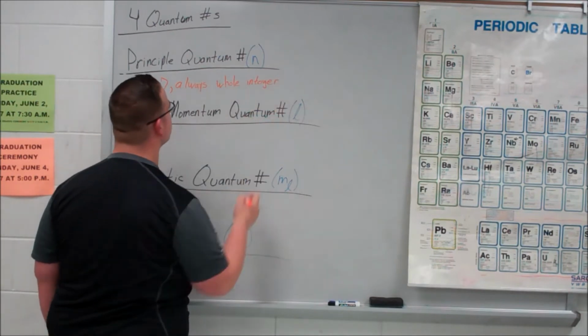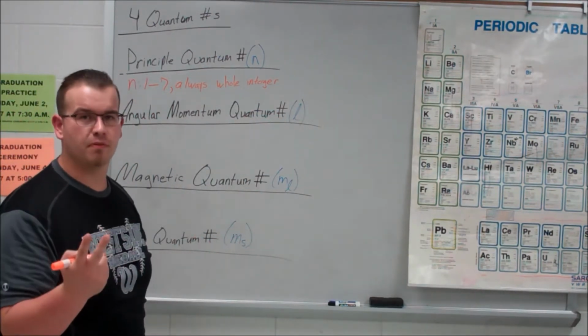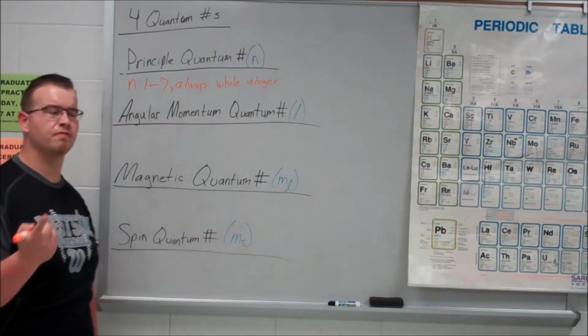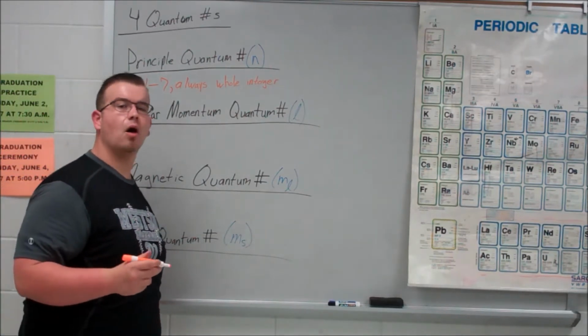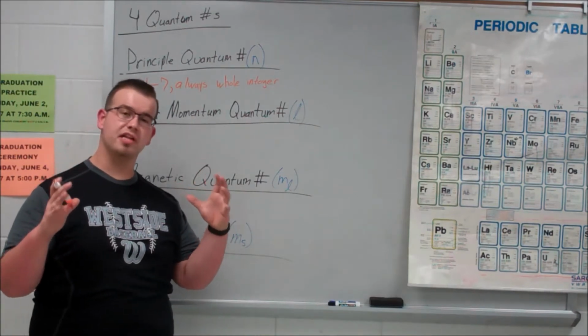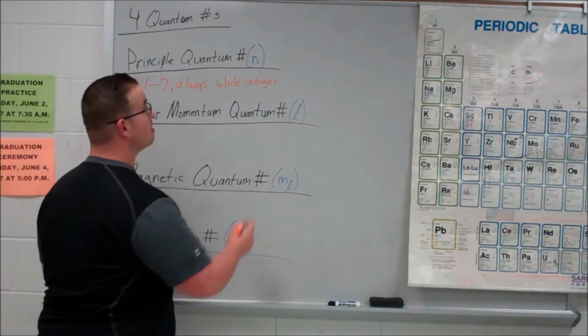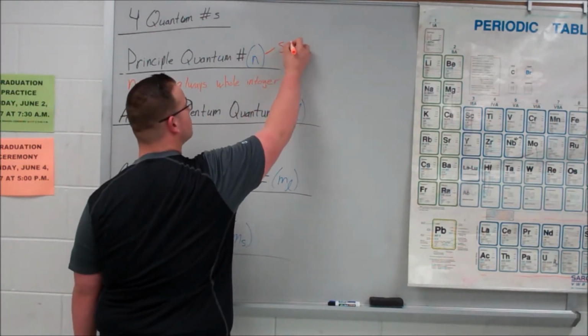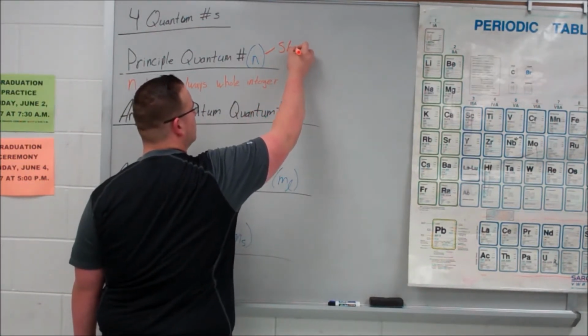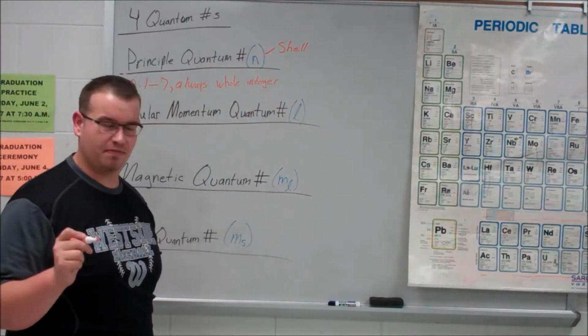Now the purpose of the principal quantum number is it gives us two pieces of information. The first piece of information it gives you is it talks about the shell. And the shell is kind of like, you know those energy levels we talked about? That's what these shells are. So this talks about the shell. And the information it will give you is the size of that shell.